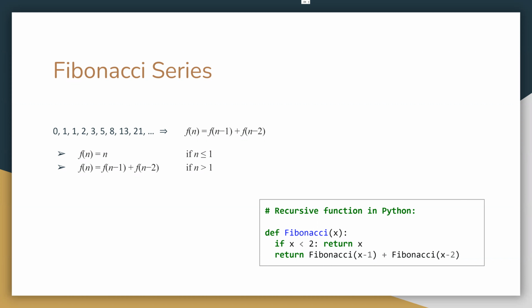So this is called recursive. It calls this function again inside itself, and it calls it twice. That doesn't matter, but the recursiveness is this: inside this function, it calls itself.